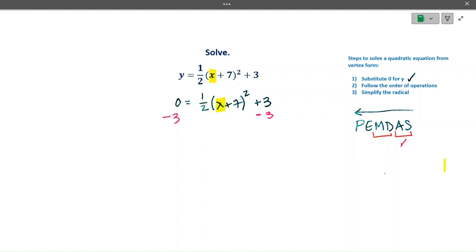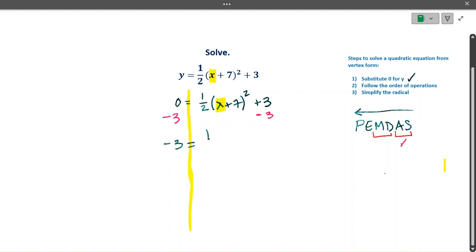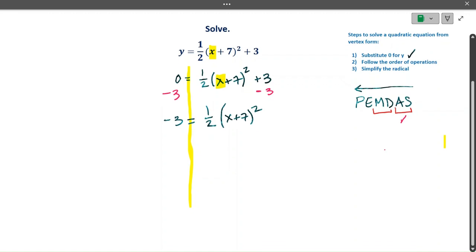Some people find it helpful to draw a vertical line down the equal sign so that they are actually doing things to both sides instead of just one side. So I have negative 3 equals one half times the quantity x plus 7 squared. And 3 minus 3 is 0, and that's exactly what we wanted to get.